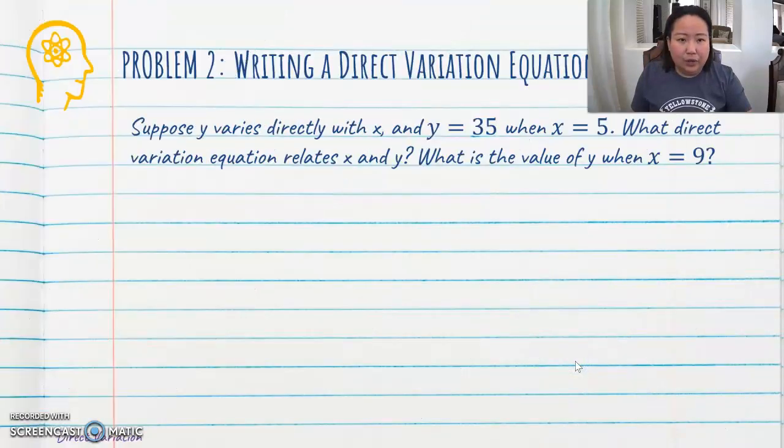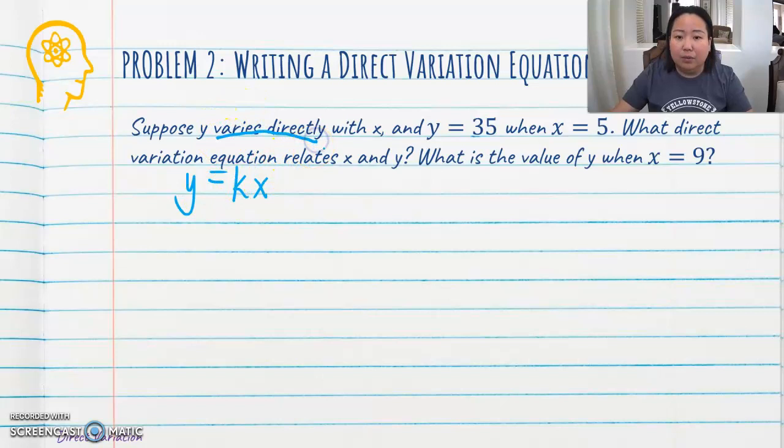All right, so this time, we will not be given an equation, but instead we will be writing a direct variation equation, okay? So, suppose y varies directly with x, okay? So that is already established. So what do we know? We know that we have y is equal to kx, because this is a direct variation.